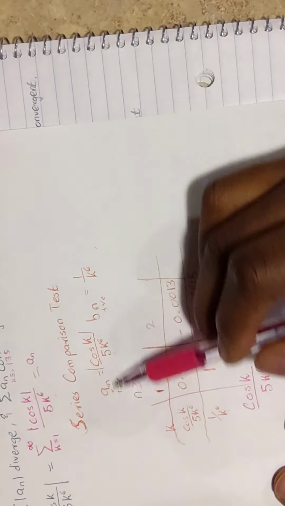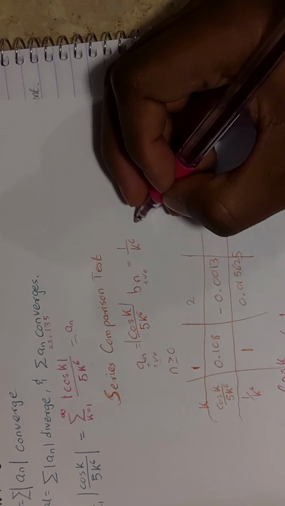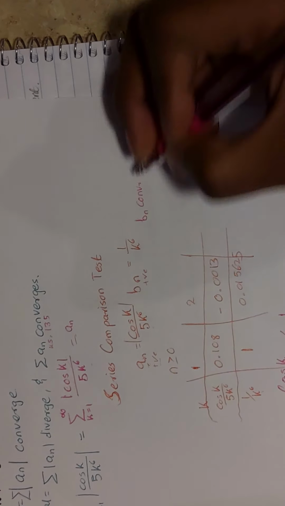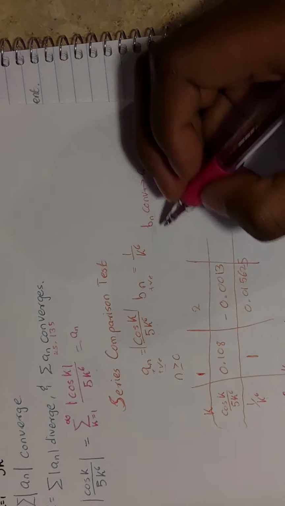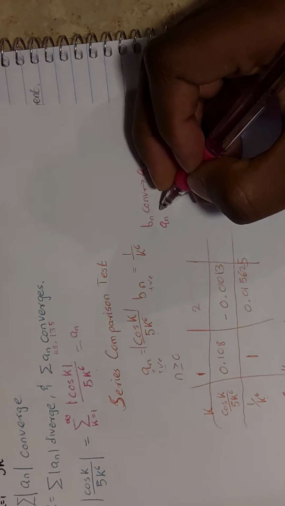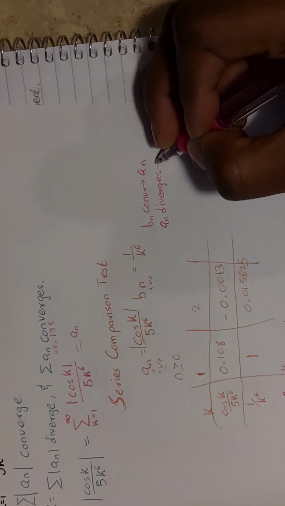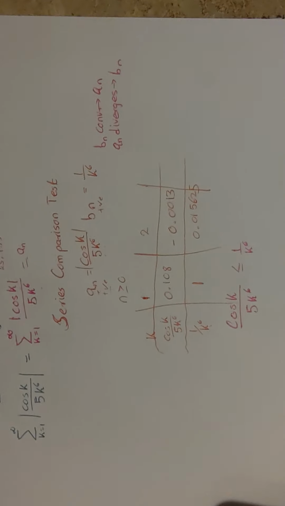Because going back to this example, if b sub n converges, then so does a sub n. And if a sub n diverges, then so does b sub n, right?